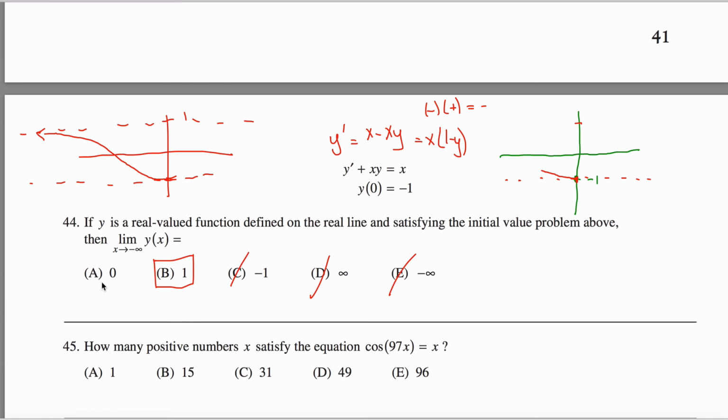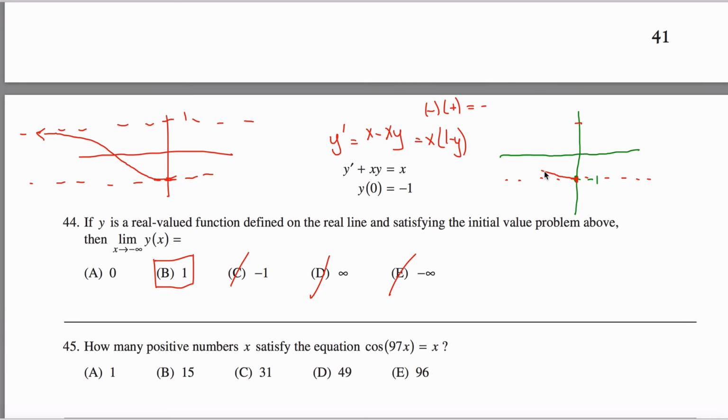Could it have stopped at 0 somehow? Well, in theory, yes, it could have. Think about what's going on with the slope right here. I'm taking a product of two things. When the y-coordinate is 0, I don't know what the x-coordinate is, but 1 minus 0 is just 1. So if I have an x-coordinate like negative 5 or something, and I'm not implying that the point (negative 5, 0) is on this graph, but for a minute think about if it were, then that would tell me that the slope should be negative 5 at that point.